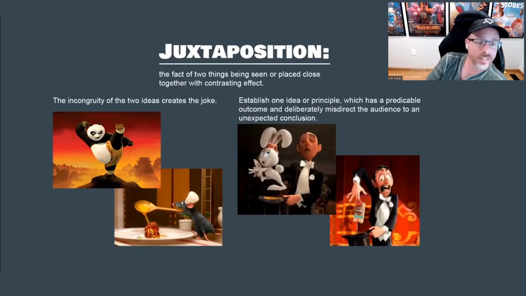That's set up early on. Then we see later on the juxtaposition of that: he goes to pull out the rabbit, but his finger's stuck in a rat trap. That's kind of a juxtaposition. It's establishing one idea or principle has a predictable outcome and then deliberately misdirecting the audience to an unexpected conclusion.